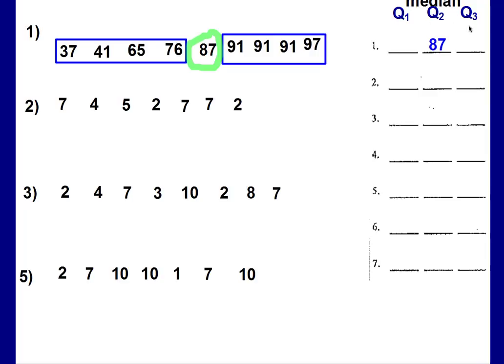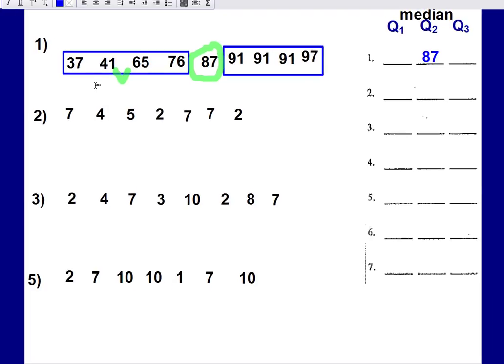Now we need to find the Q1 and the Q3. So quartile 1 is the median of the lower half of the data. So of this first box, this lower box, we need to find the median. As you can see, there are 4 numbers. So the median is going to be between 41 and 65. And what happens when there are 2 numbers in the middle?